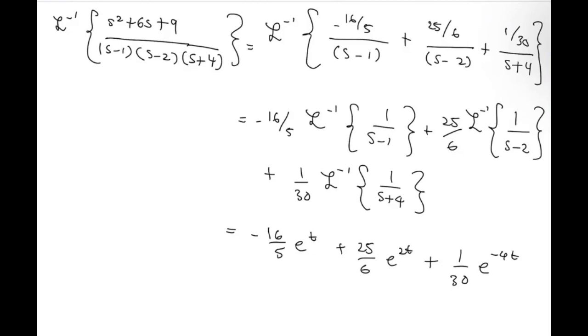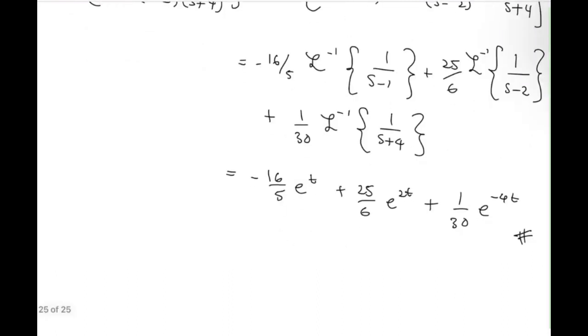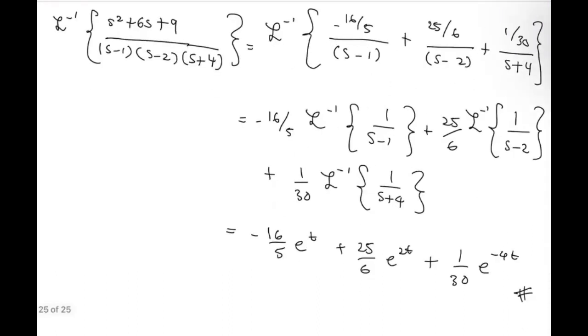So that is the answer. So that is how we decompose the partial fraction. So from this fraction, we can find the inverse Laplace transform by using the partial fraction. So we will get this answer.